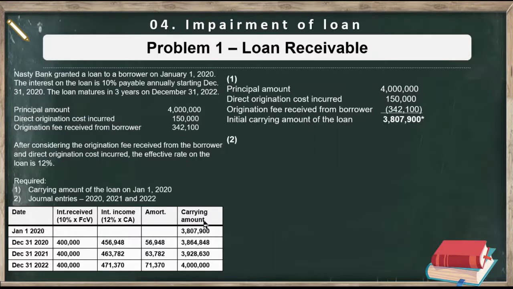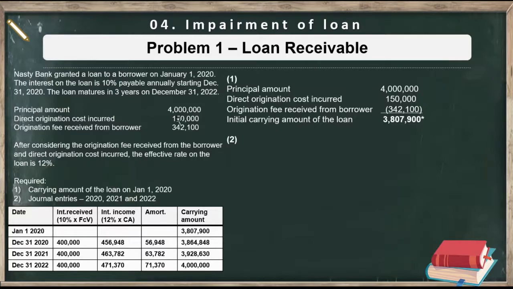So we plot the carrying amount here, and then we have the interest received, which is uniform because the loan will mature after 3 years. The principal is the same every year, it is not reduced. Since there is a 10% stated rate, the stated or nominal rate is multiplied by the face value.